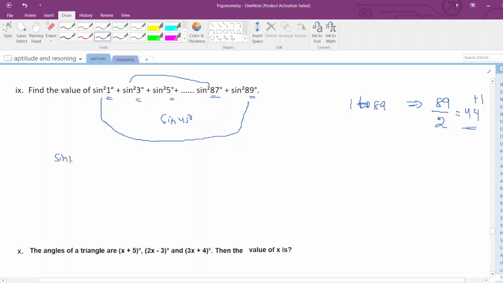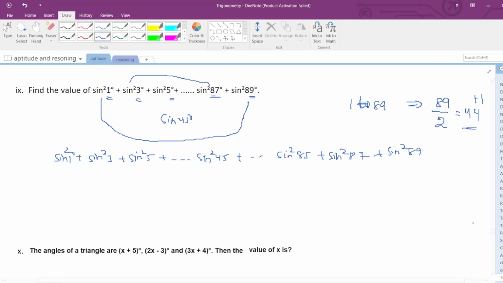So I'm writing sin² 1 degree, sin² 3 plus sin² 5 plus so on, sin² 45 plus so on, sin² 85 plus sin² 87 plus sin² 89. Now can I write sin 1 is equal to sin(90 minus 89)?